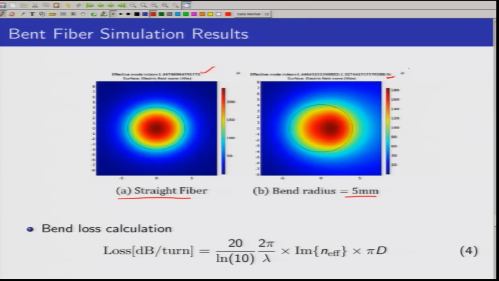From this we can say that if there is any radiation in the mode, we have an imaginary part in the effective index. This imaginary part can be used as shown in equation 4 to calculate the loss induced in the optical fiber. Here, d is the bend diameter, lambda is the operating wavelength and Im indicates the imaginary part of the effective index.